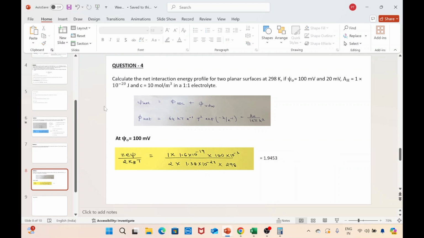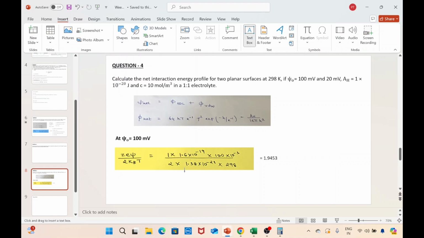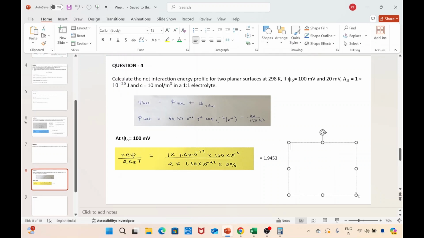Once you know this, you can calculate the value of gamma. Gamma is nothing but exponent of this minus 1 by exponent of this plus 1.